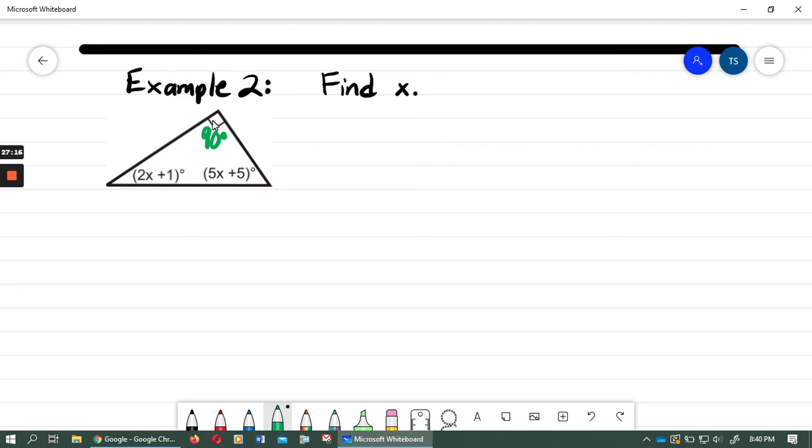If you know what the triangle angle sum theorem says, that the sum of the three interior angles is 180 degrees, then it should make sense for you to write out an equation that says just that: the 90 degrees plus the 2x plus 1 plus the 5x plus 5, all three of these angles have to add together.